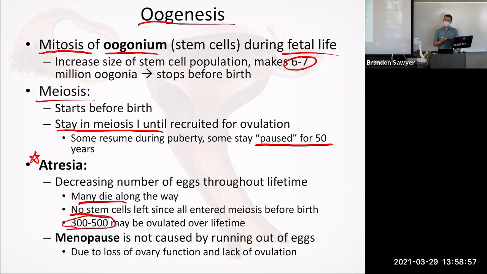Typically only around 300 to 500 egg cells are ovulated throughout a woman's lifetime. There are some myths that menopause is when you run out of eggs, but that's not the case. Women typically have way more eggs than they're ever going to need to ovulate. It's typically more related to loss of ovary function than a loss of the eggs themselves.